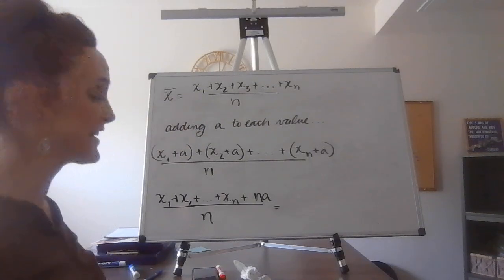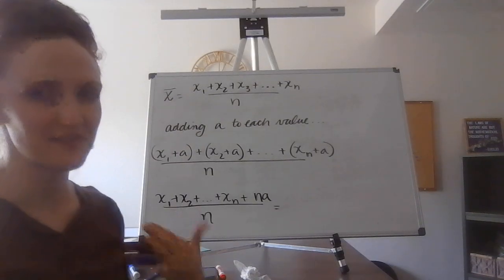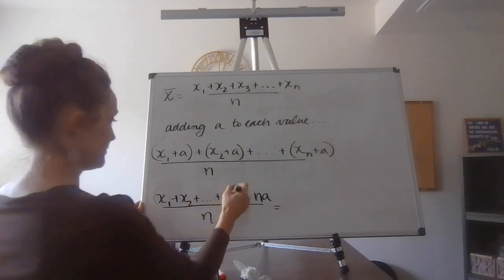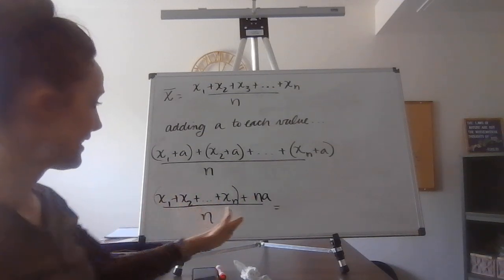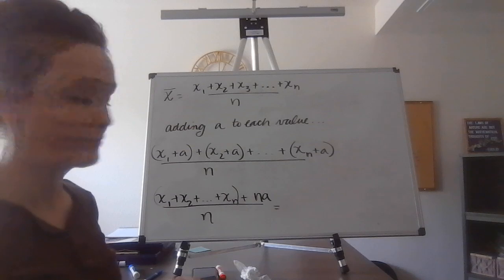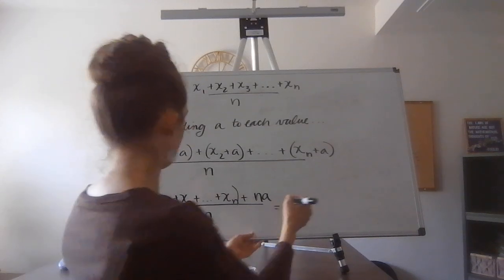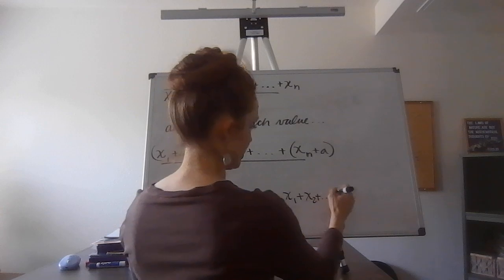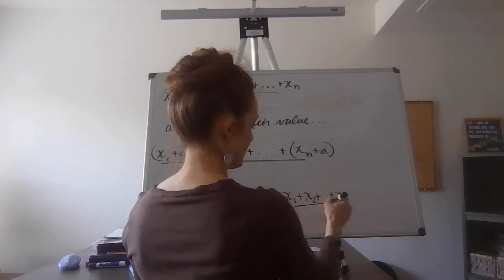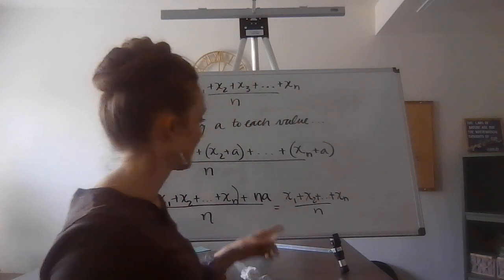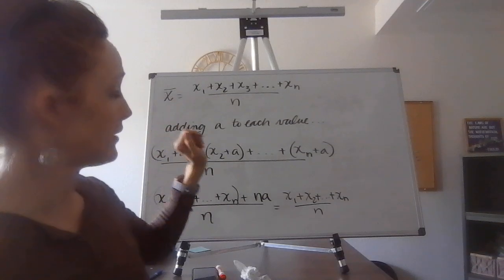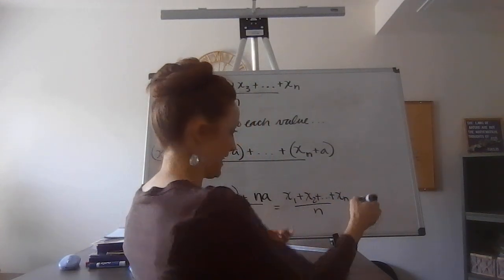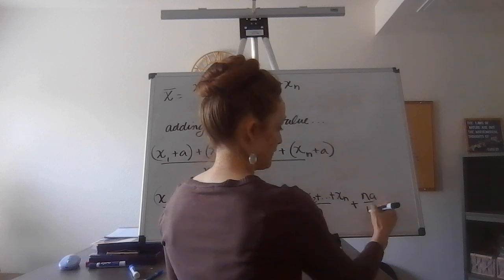And then using what we can think of as the distributive property of division, we divide this group of terms by n, and then we divide that little piece by n. If I have x1 plus x2 plus all the way to xn over n, well, what's that? That's our original x bar, right? But then we have n a over n.